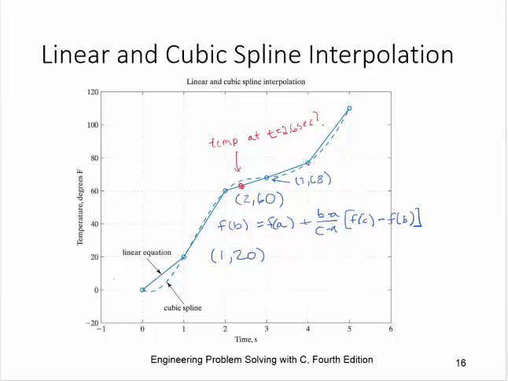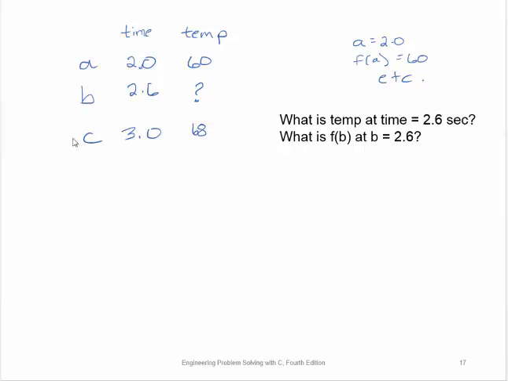I know this data point right here, it's 368, and I want to know something in between. So I wrote down these data points. Your textbook also has it on page 54. Page 54 has this problem, but I just want to make sure that this chart is clear here.